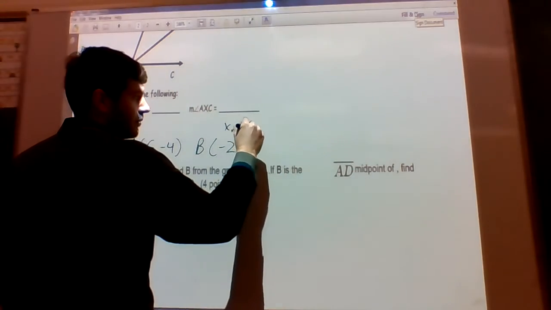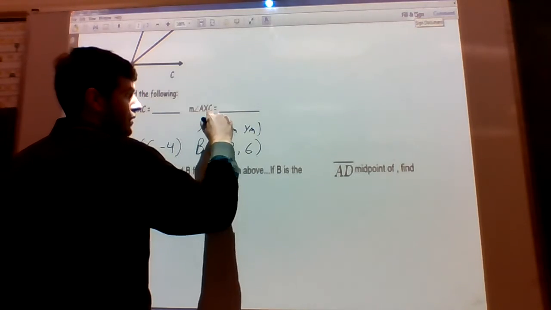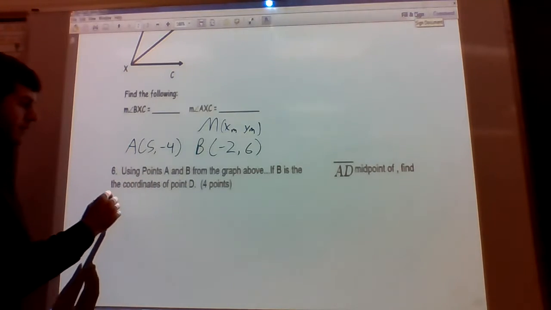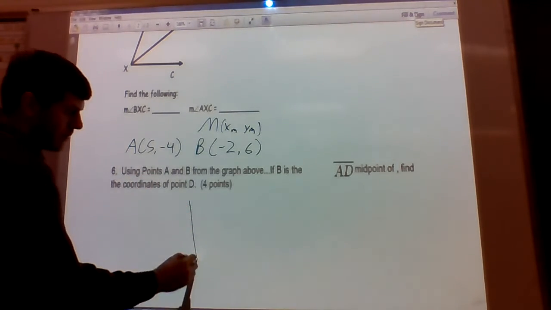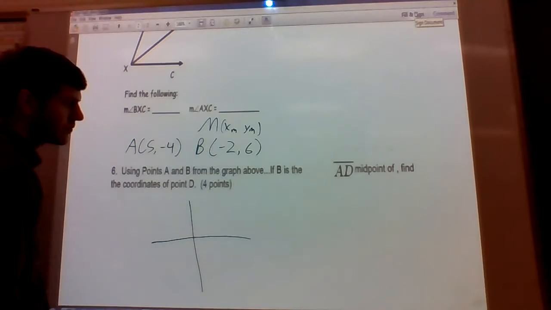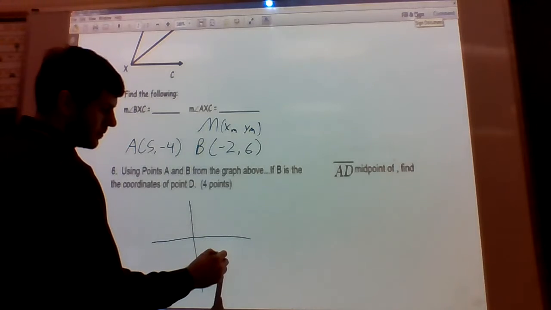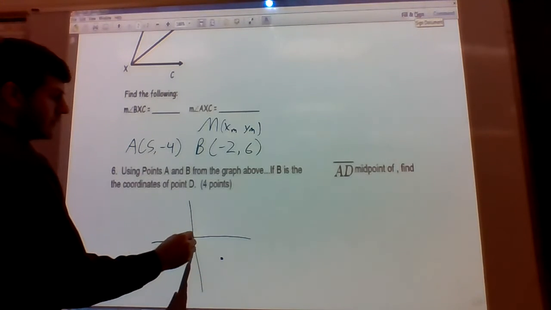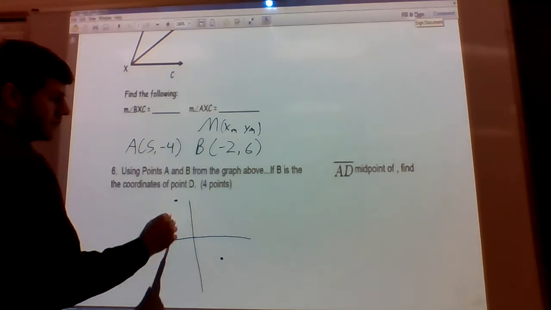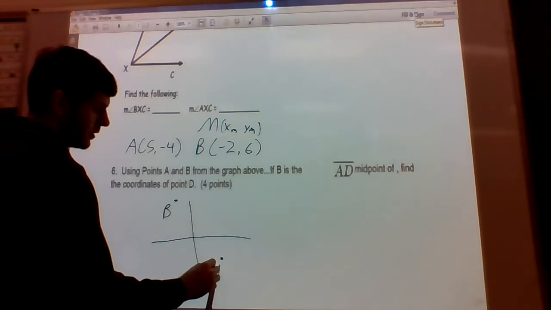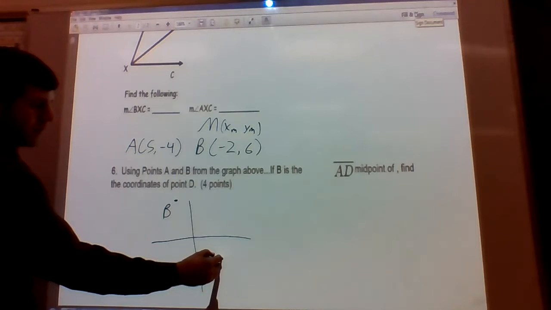So this is XM, this is our midpoint. B is the midpoint. -2, 6 is the midpoint. We have a segment AD. Let's graph this. A is 5, -4. B is -2, 6. B is the midpoint of AD, so where does D have to be?